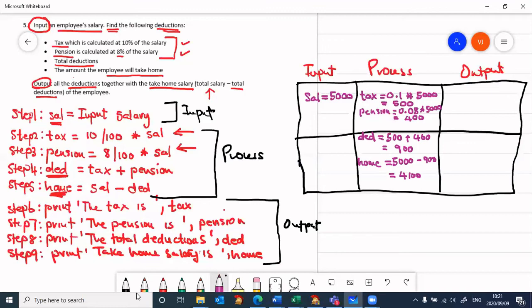It's now left for me to do just the output, step 6. In step 6, we're going to say the tax is and get the value from the placeholder tax. So that is 500. Then step 7, the pension. The pension is, and then get the value from the placeholder pension, and that worked out to 400.